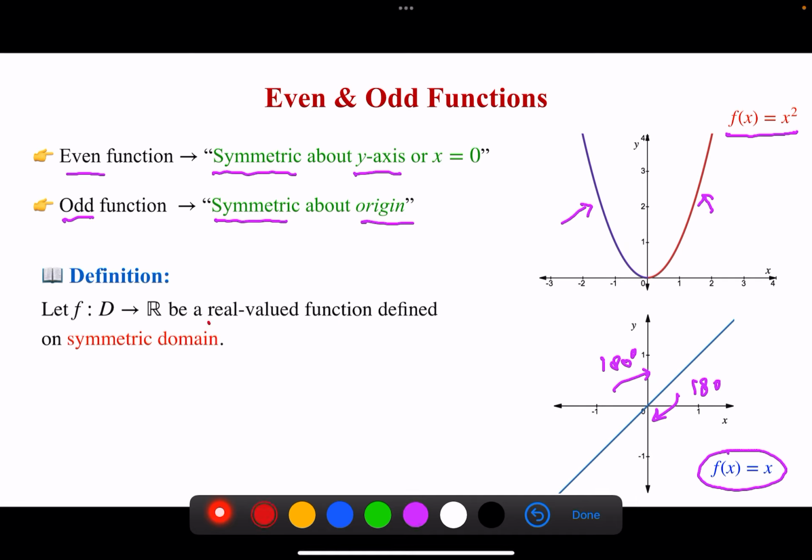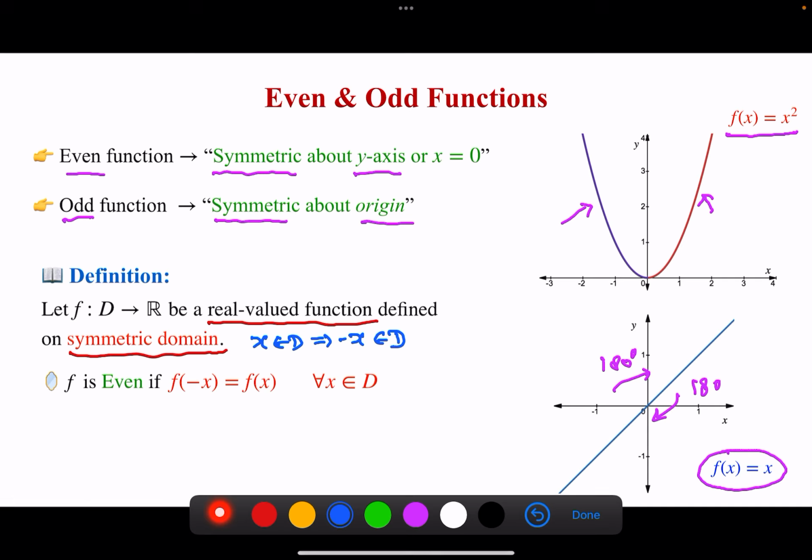Mathematically, consider a real valued function that is defined on a symmetric domain D. Symmetric domain means if x belongs to D, this implies that minus x also belongs to D. So a real valued function defined on symmetric domain D is called an even function if f of minus x equal to f of x. It means the function has the same value at x and minus x for all domain values.